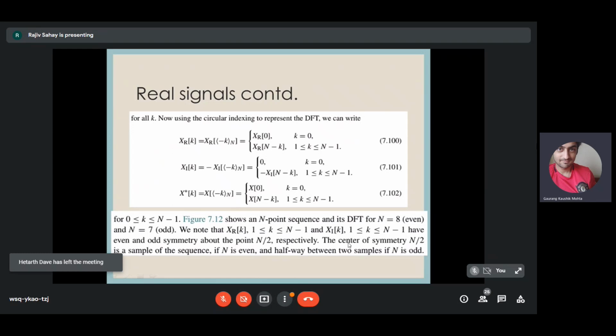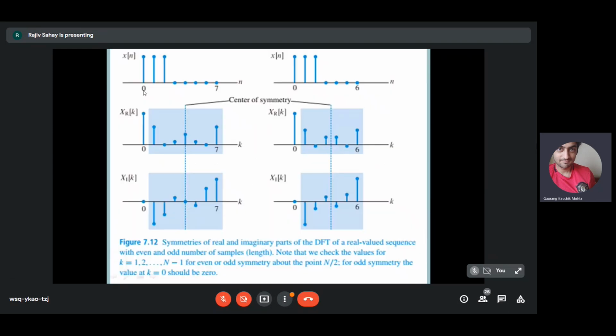So from the figure we can see that this is an 8-point sequence. You have taken its DFT and you have found out the real part and the imaginary part. Similarly, here a 7-point discrete sequence is given to you. You have found out a 7-point DFT and you have found out the real part and the imaginary part of the DFT coefficients.